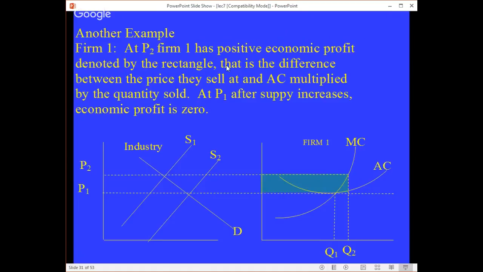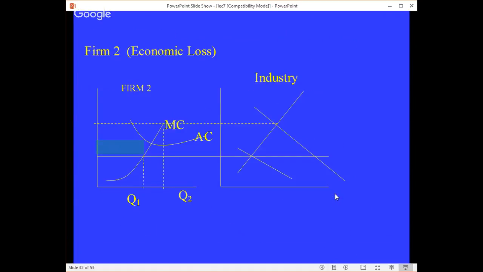So at P2, they're making an economic profit. As firms enter the market, supply shifts to the right from S1 to S2, and it keeps doing so until it reaches a price of P1, and at P1, price equals marginal cost equals average cost. And these are, of course, long run marginal and average costs. Okay.